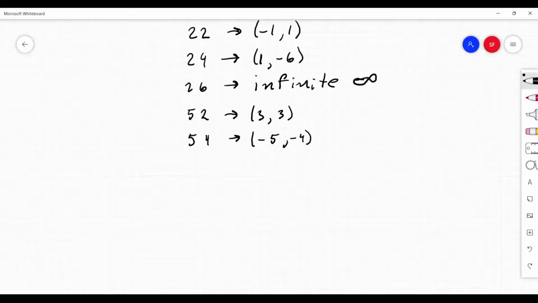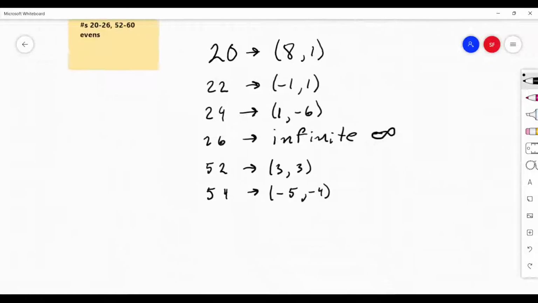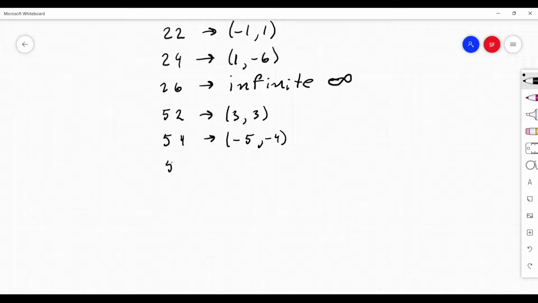And 56, let's see, we went through 60, yeah. 56 is the ordered pair negative 5, negative 3. And 58 is the ordered pair negative 2, negative 4.